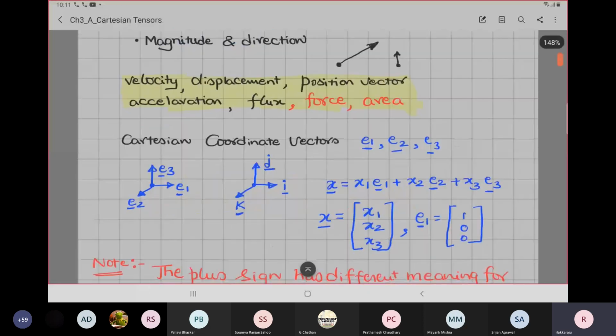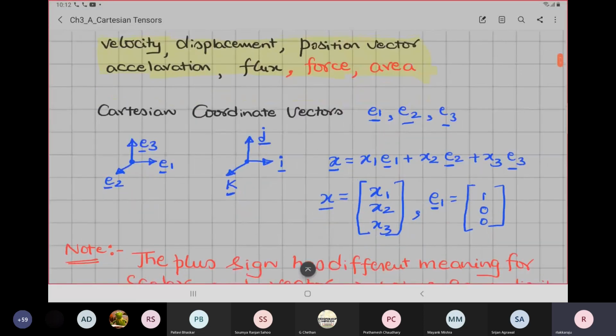And typically the Cartesian coordinate vectors like E1, E2, E3 represent vectors. For a displacement vector x bar, I can write it like x1 E1 plus x2 E2 plus x3 E3. This is the way I can span or track something like a position vector.